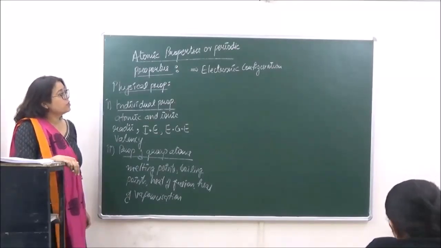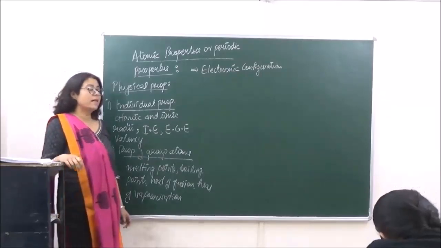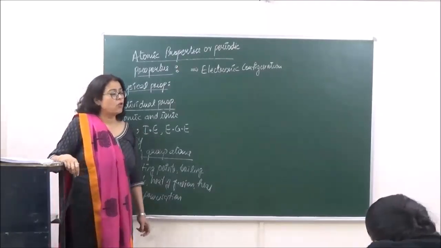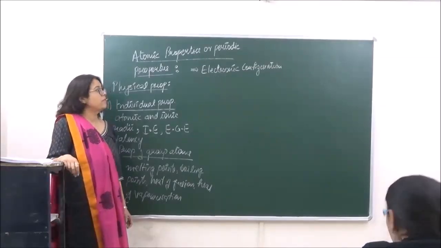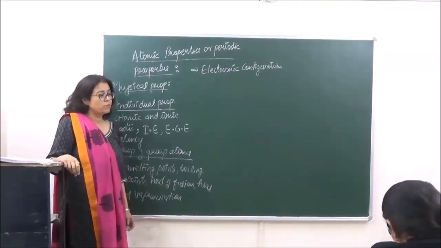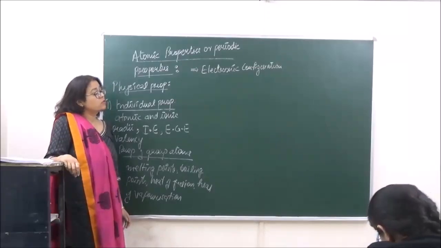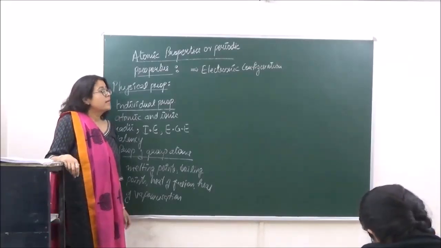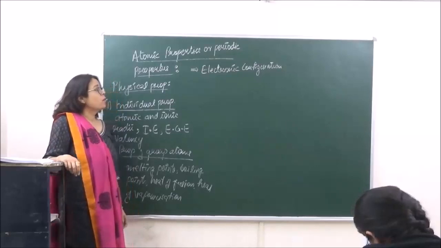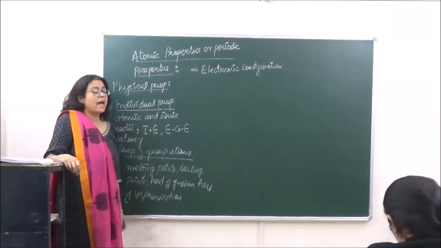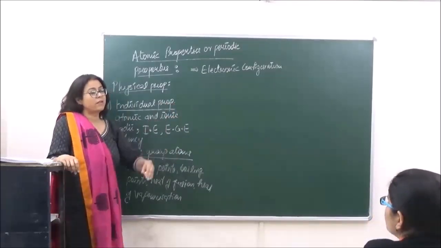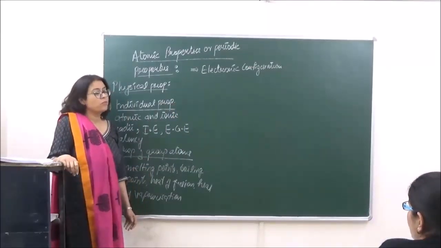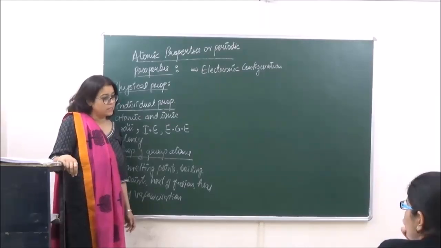Because in electronic configuration, the electrons are arranged according to various principles which we have already done: the Aufbau principle, Pauli's exclusion principle, and Hund's rule of maximum multiplicity, right? Basically we say the properties are the same after regular intervals because of periodicity, which we have already discussed.